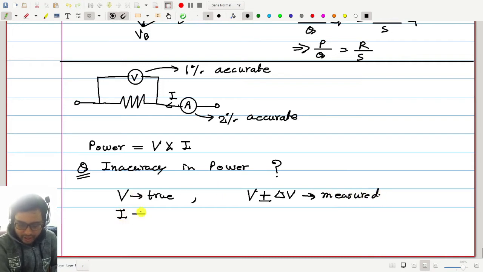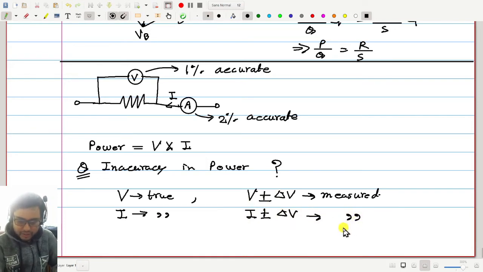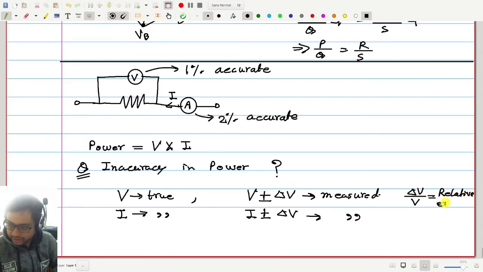In the same way, suppose I is the true current and the measured current, or ammeter reading, is I plus or minus some error. Then delta V by V is the relative error in voltage measurement, or per unit error in voltage measurement. In the same way, here delta I by I is the per unit or relative error in current measurement.